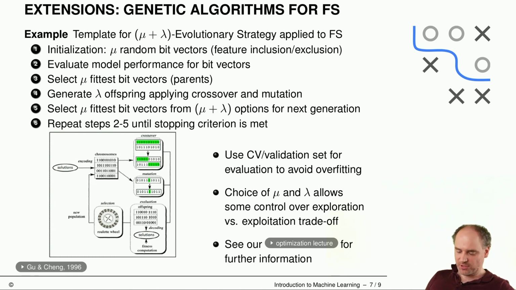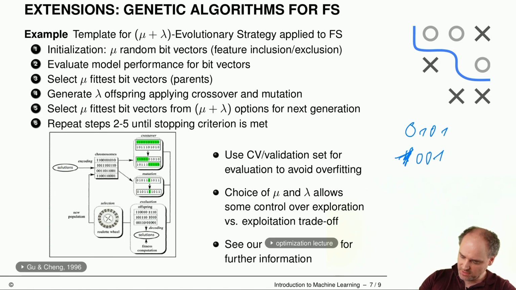If you don't know too much about genetic algorithms or evolutionary things, what do I mean with mu plus lambda? The evolutionary algorithm, or some people also call it a genetic algorithm if we are working on bit strings as we are here, will have a population of candidates, and our candidates are just our bit strings. So we have a couple of these here.